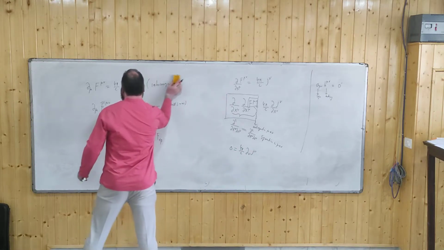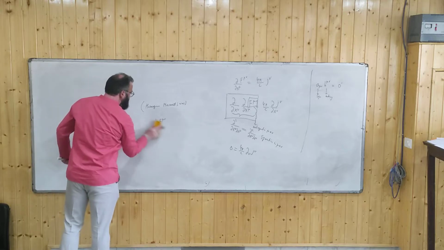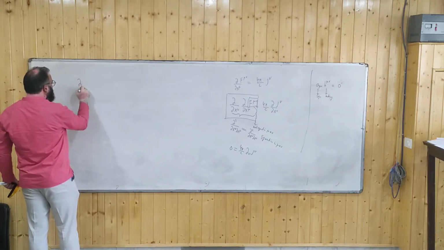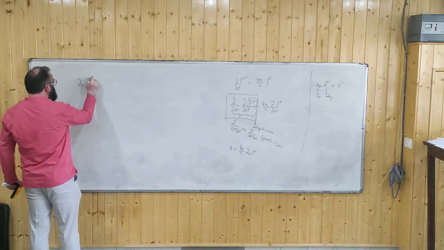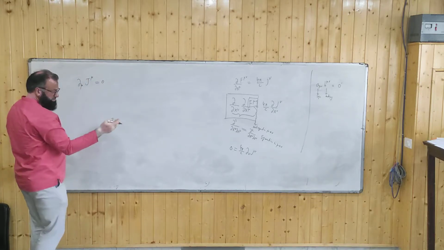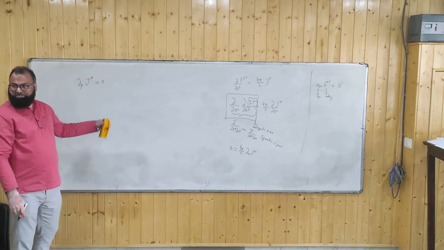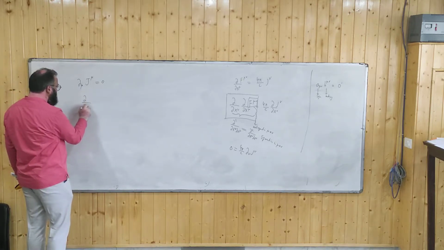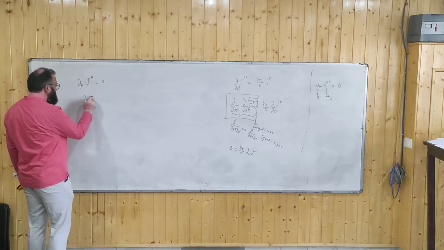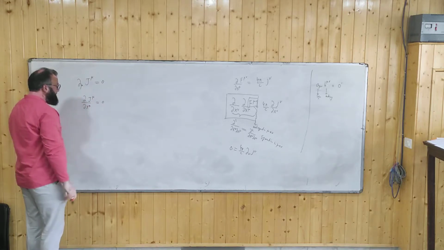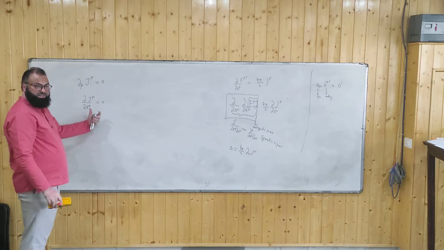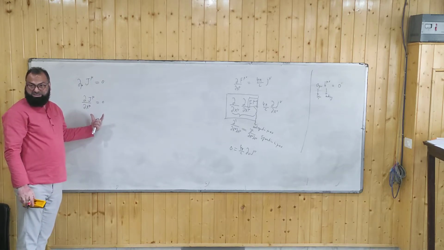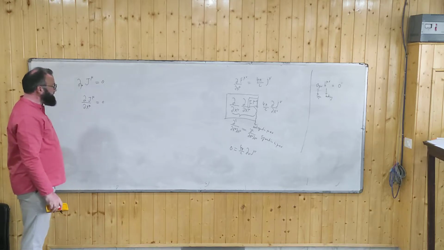Or in other words, we have this very equation: partial mu J mu is equal to 0. Mu is a dummy index, replace it by nu. So what does it mean? Let's write it in the three-dimensional form and get the meaning of this very equation.